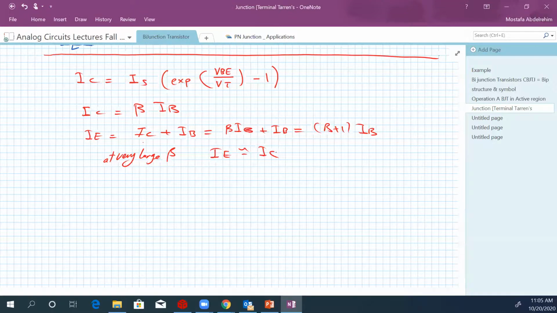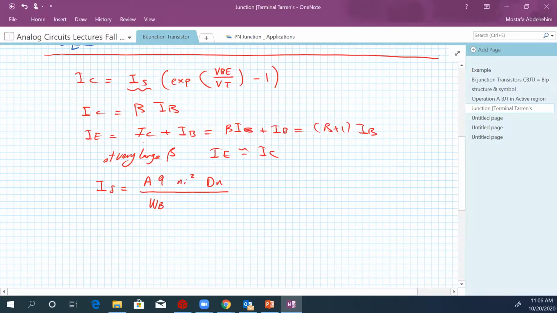One last equation that I missed is IS, the saturation current here. So IS is equal to, let me grab this equation here. You don't need to memorize it. Where is it? Yeah. So the area, just like the IS that we studied in the diode, multiplied by the charge of the electron, Ni squared, and the diffusivity, or Dn, the factor that determines the diffusion of the current, over the width of the base, multiplied by the doping of the base.